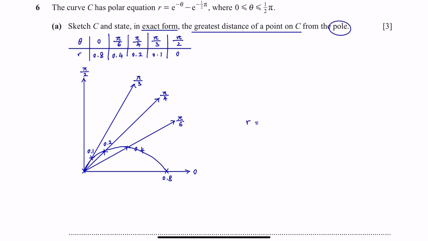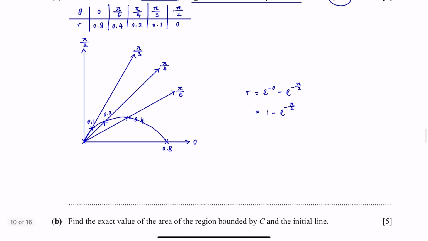So we just sub in 0, and this is negative pi over 2. So it will be 1 minus e to the power of negative pi over 2. So this would be the greatest distance from the pole.